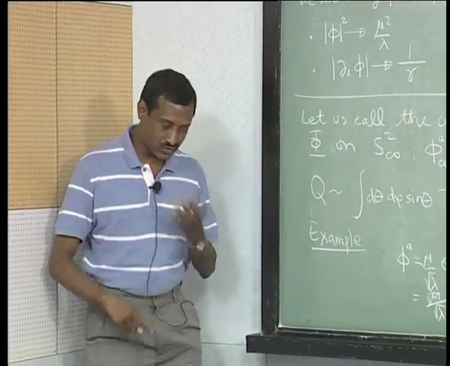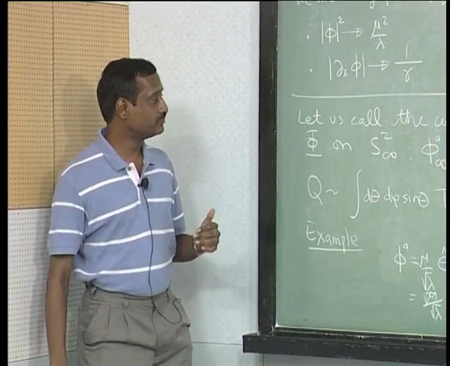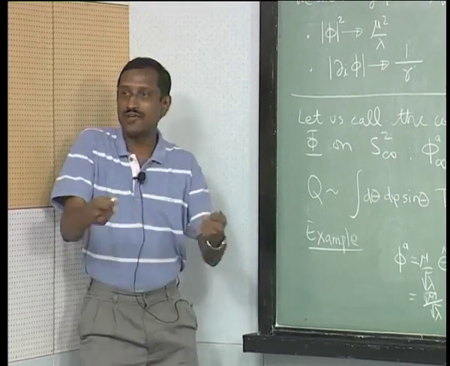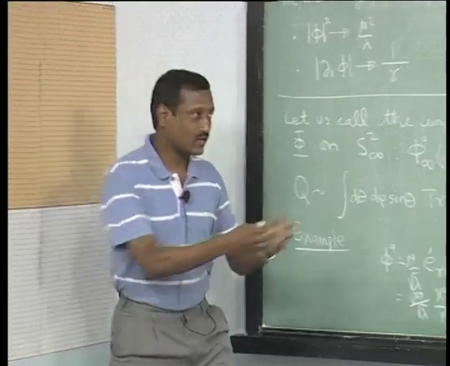So actually the correct way to do that is to go back and to ask what are the allowed fluctuations in some sense, and that is what we will do.